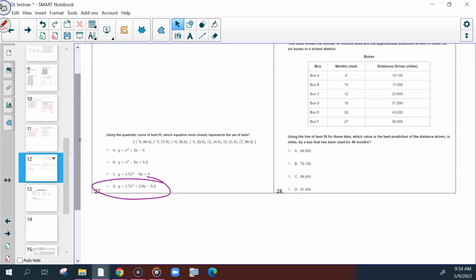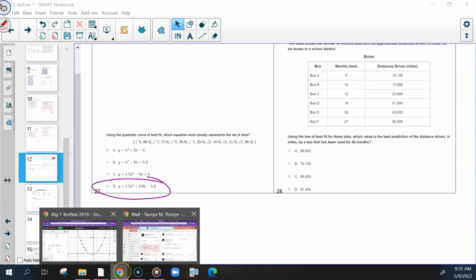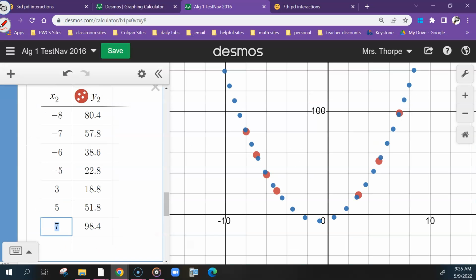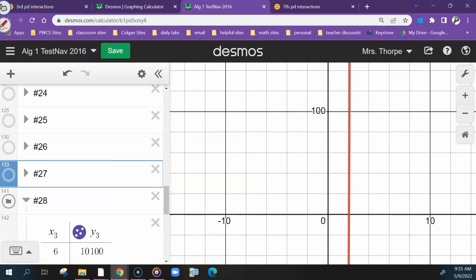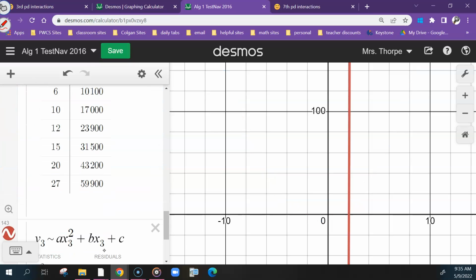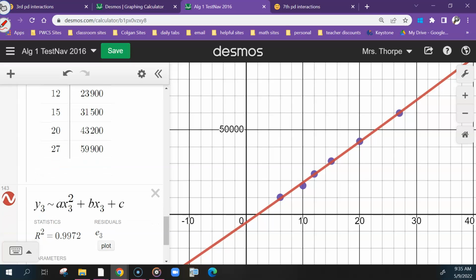So if you start putting in all of your data into Desmos, and you do your line of best fit linear regression.